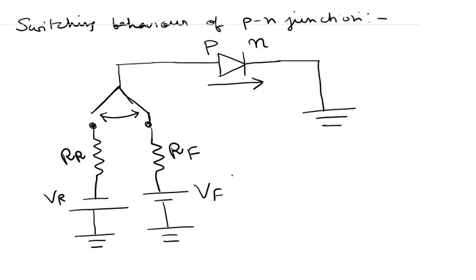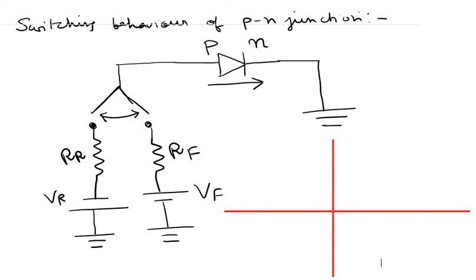Now at t equal to 0, this switch is rotated and connected to this voltage source VR. Initially, since the diode is connected to this voltage source VF, the forward biased current would flow.